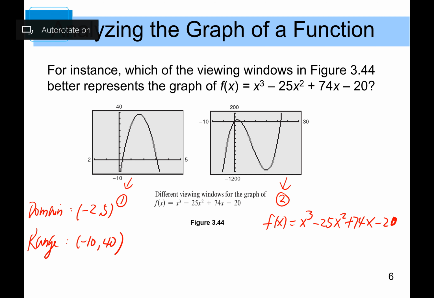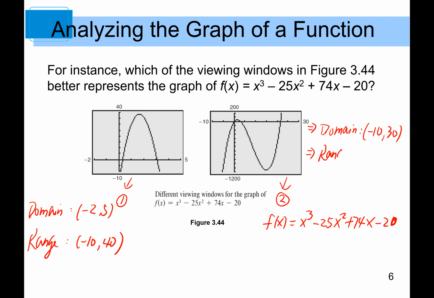And if you look at the second graph, the domain is from -10 to 30, and the range is from -1200 to 200. So as you can see, right, the second graph covers a much wider range of the function. That's why they look so different.